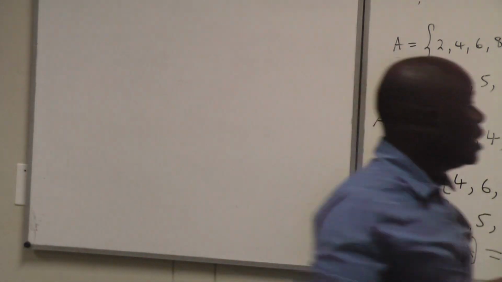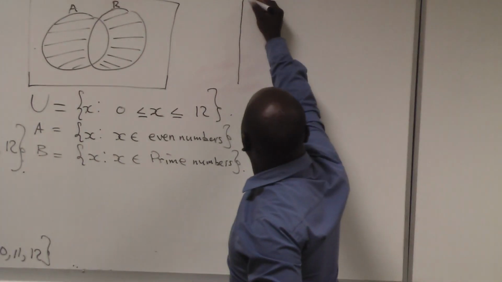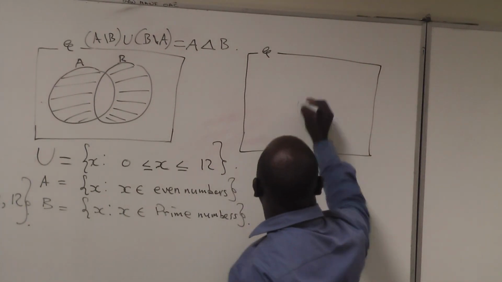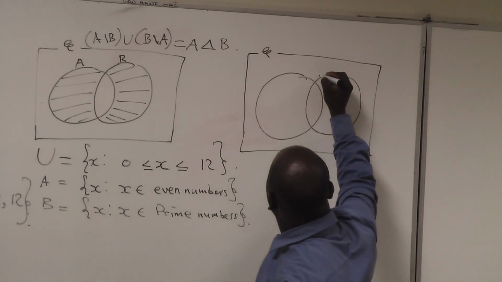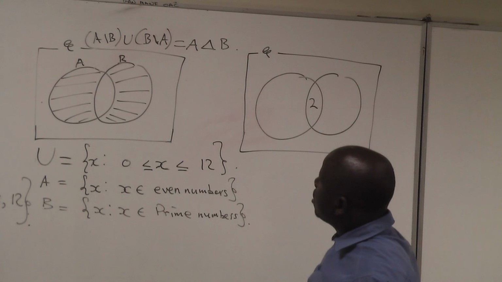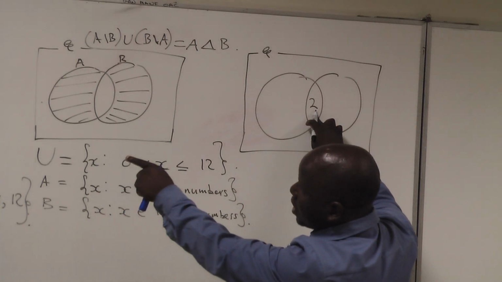So let me just, in conclusion, show to you, it's our universal. So you see, when we are completing this Venn diagram, we start with what is on the intersection, which is 2. So, but A has got 2, 4, 6, 8, 10, 12.